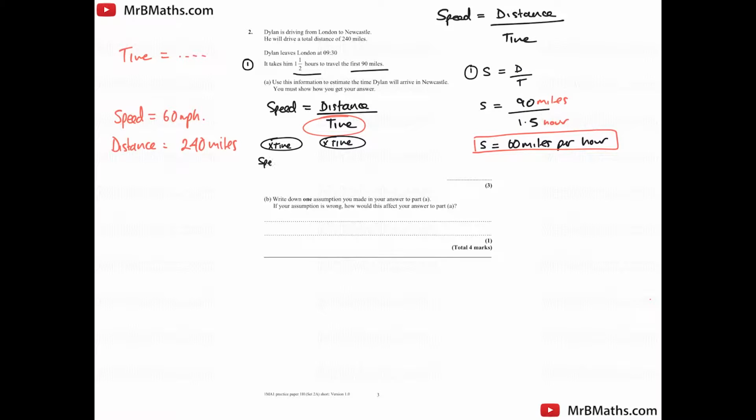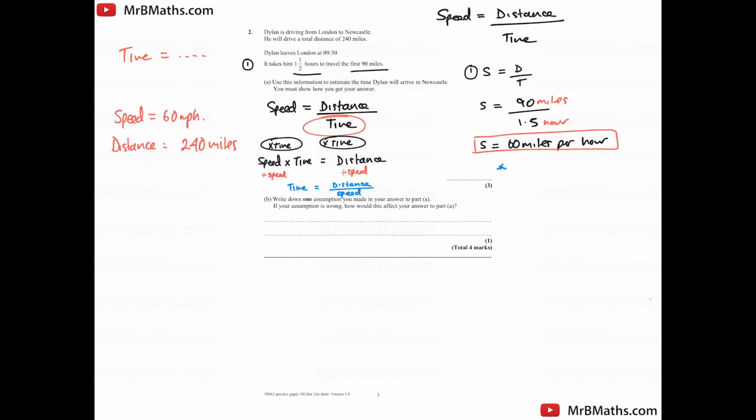Then we have speed times time equals distance, and then time is being times by speed, so to get rid of that we need to do the inverse, which is divide by speed, and therefore we have our final equation, which is time equals distance over speed.